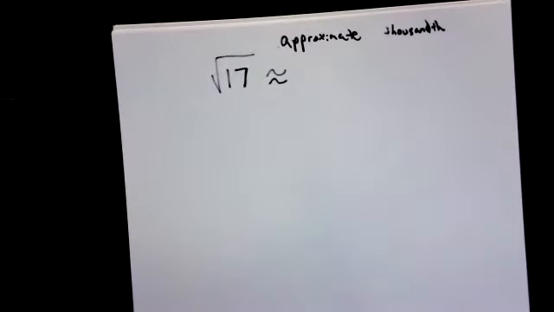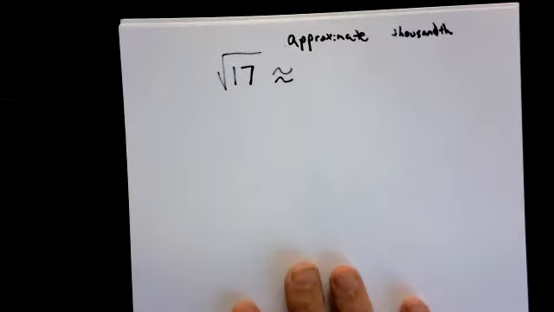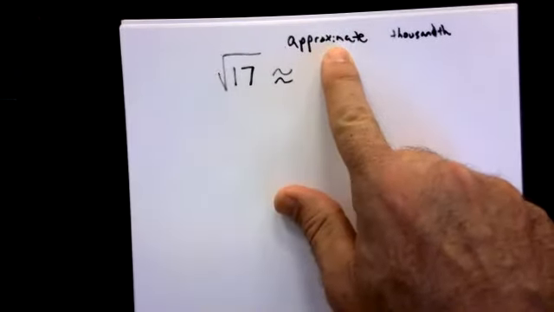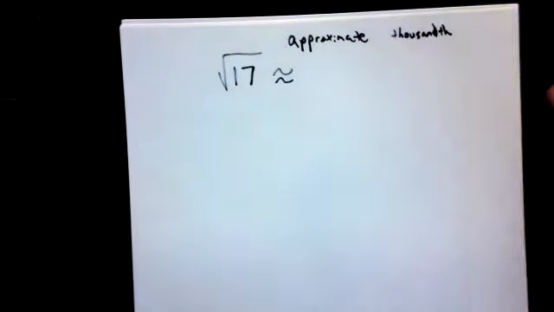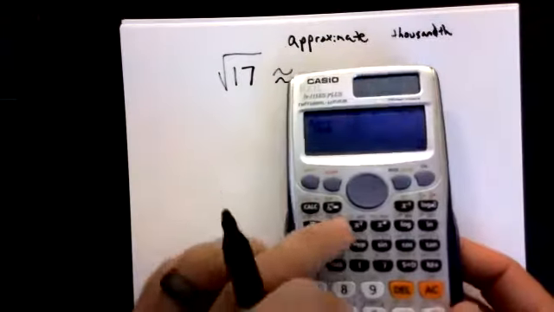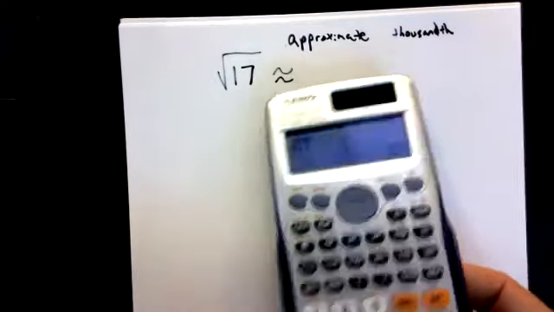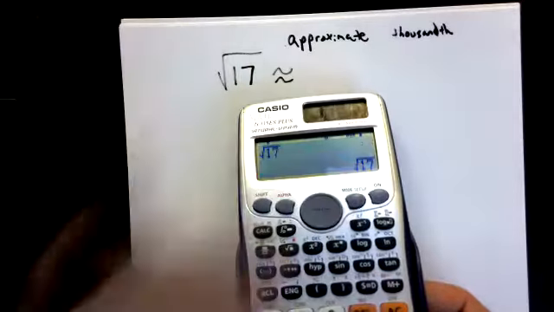So most of the time, within this chapter, you're not going to give me the decimal approximation, but there are a couple of problems, I think, within your homework tonight for 7-1, where they specifically say to approximate and round to the nearest thousandth. So if you type in the square root of 17 and hit equals, my calculator simplifies it to the square root of 17.